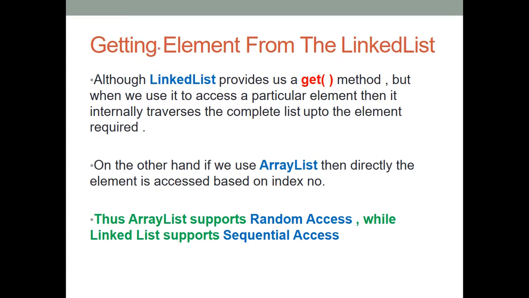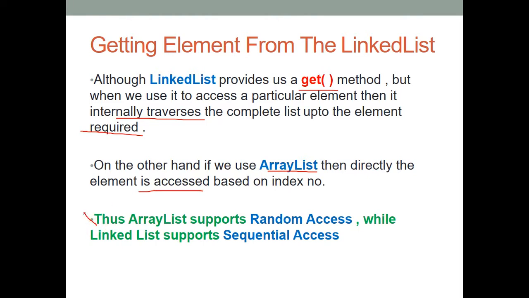Now, getting an element from the linked list. Although linked list provides a get method, when you use it to access a particular element, it internally traverses the complete list up to the required element. On the other hand, if you use array list, the element is accessed directly based on the index number.